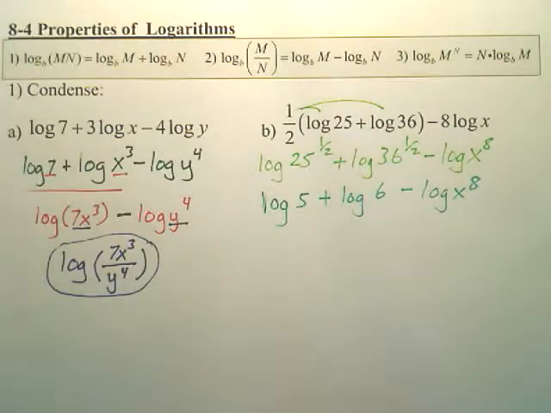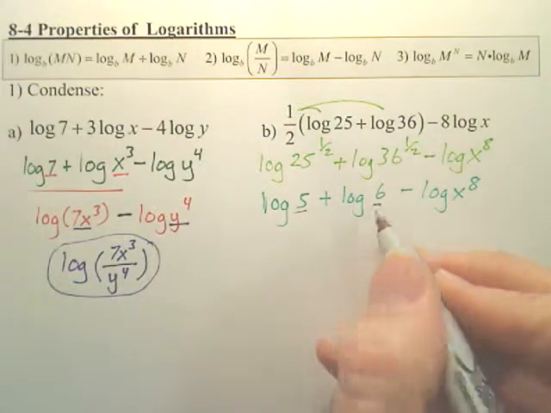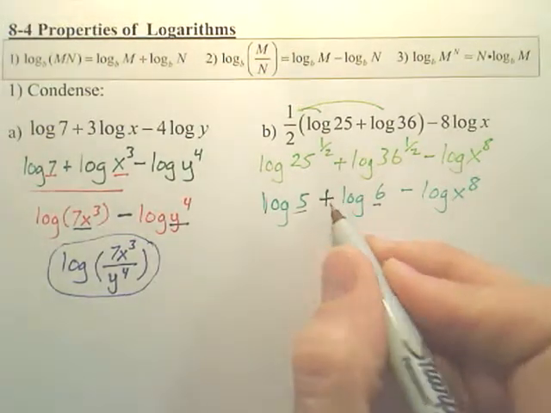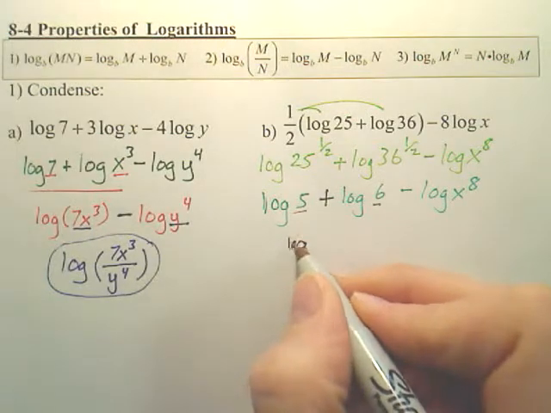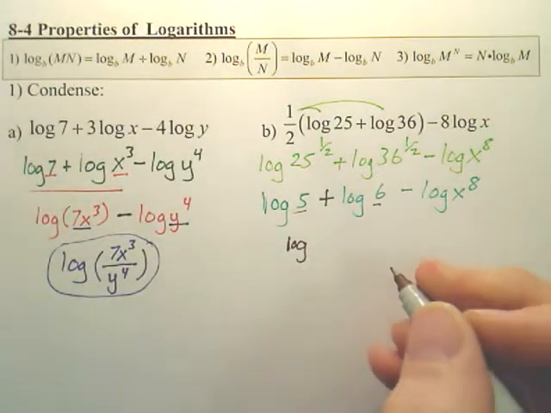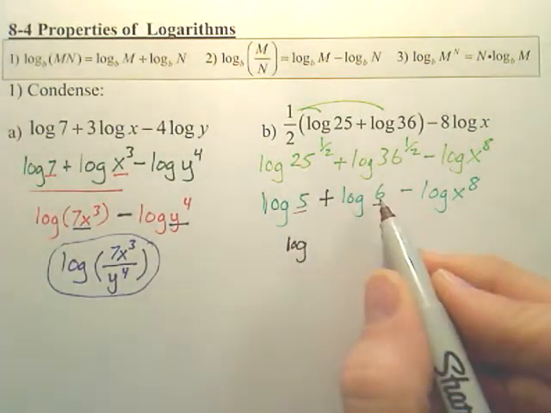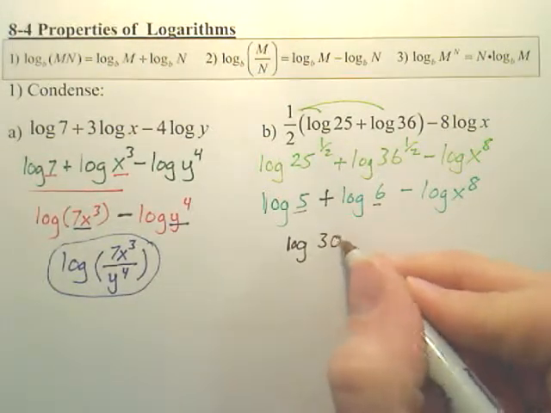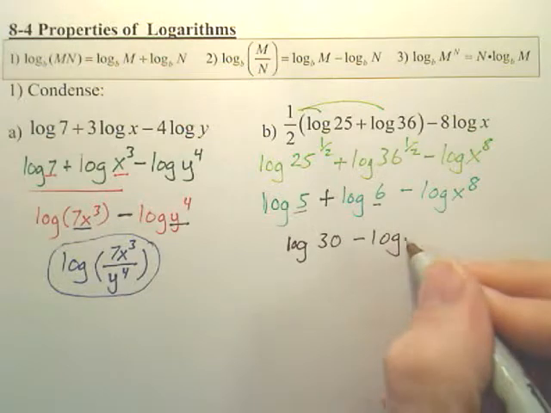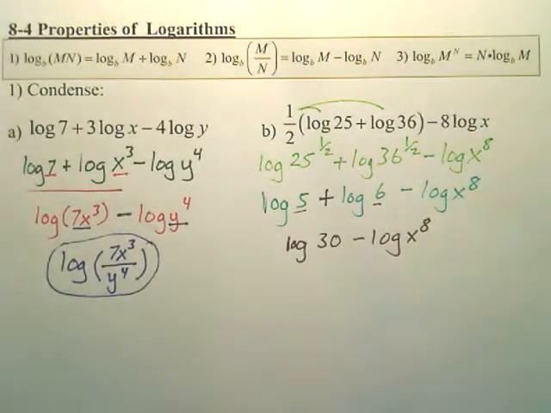So our next step is to take left to right. We just take each piece. And this plus means, in order to condense, what are we going to do with the 5 and the 6? We're going to multiply them. So that's going to be 30. You can multiply 5 and 6 and get 30.